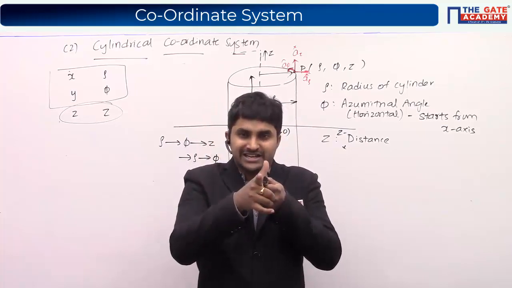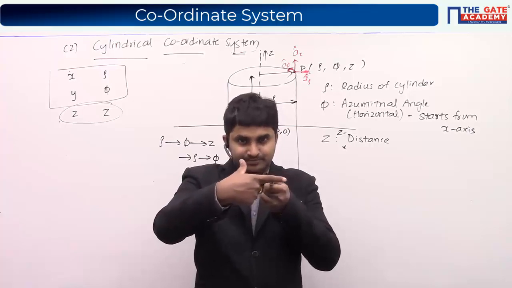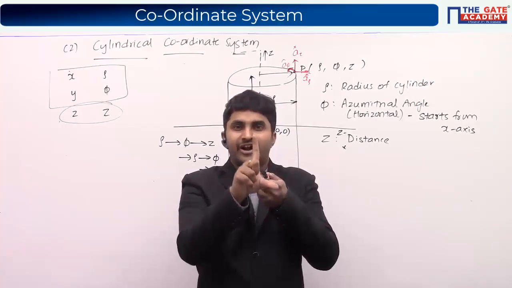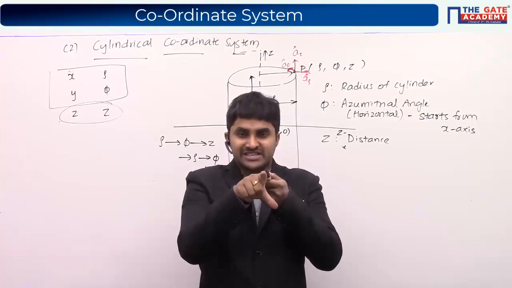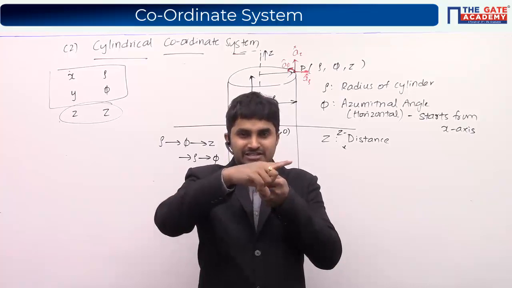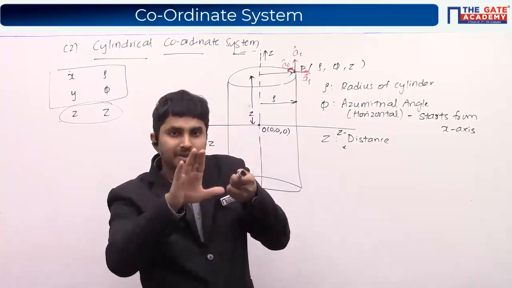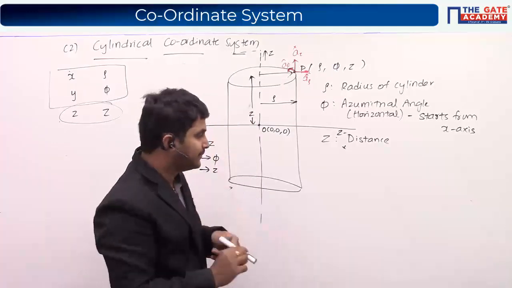But as of now, if this is my Z direction, this has to be my X direction, and this has to be my Y direction. So this circle is what I'm going to draw on the board. Please understand.